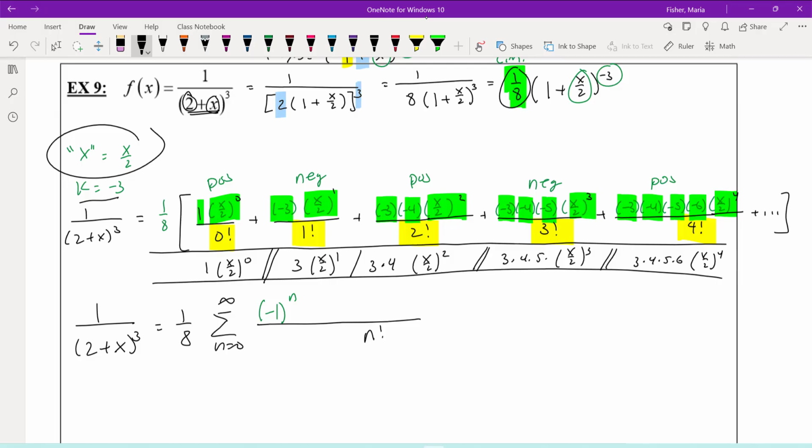First thing I notice is that I have an x over 2 raised to the n. Because remember, this is when n is equal to 0, when n is equal to 1, when n is equal to 2, when n is equal to 3, when n is equal to 4. So I definitely have an x over 2 to the n.